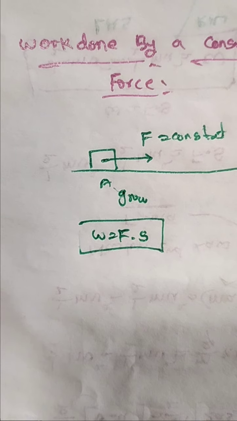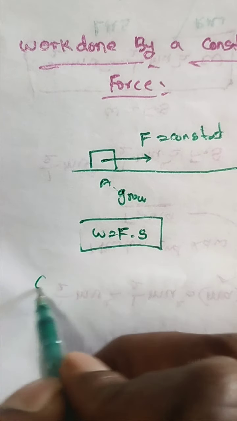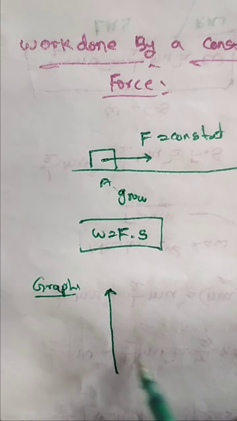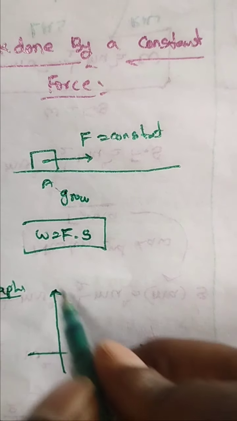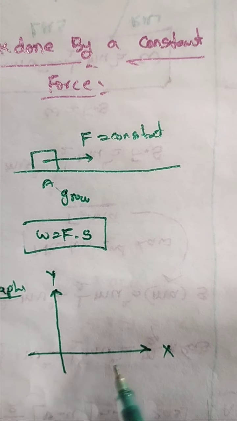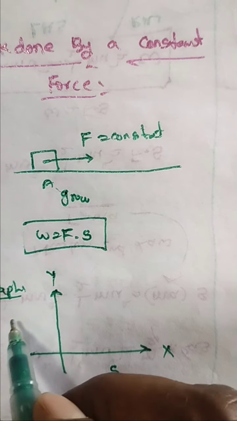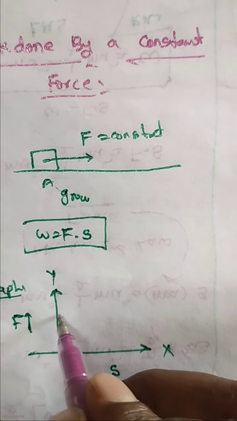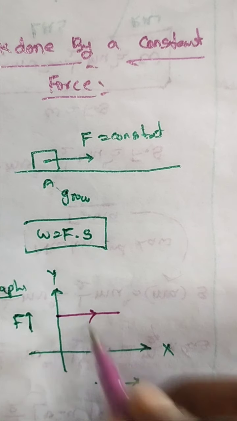I am taking the graph. This is the x direction and the y direction. In the x direction is displacement, and in the y direction is force. The force is constant, so this is a constant force line.